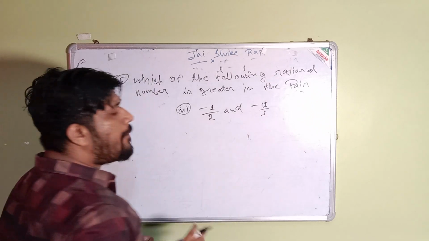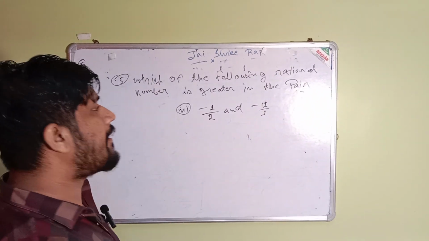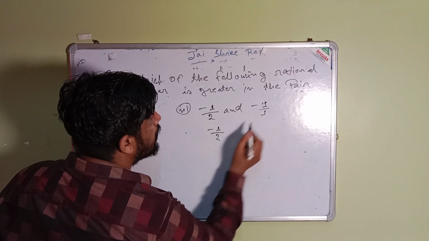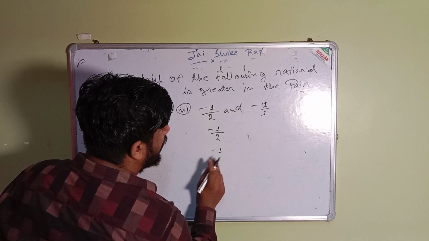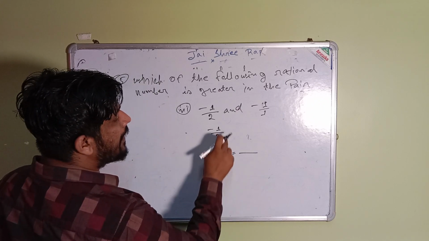If we make it the same denominator, then we can directly tell which one is greater and which one is lower. The first one is minus 1 by 2, the second one is minus 1, and there is nothing in the denominator, that means there is 1. So I am making the same denominator.